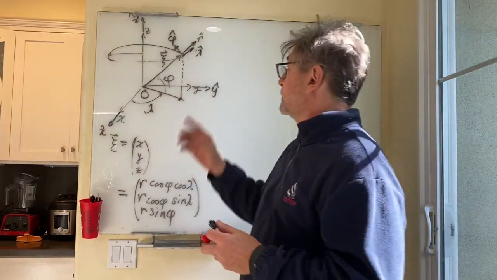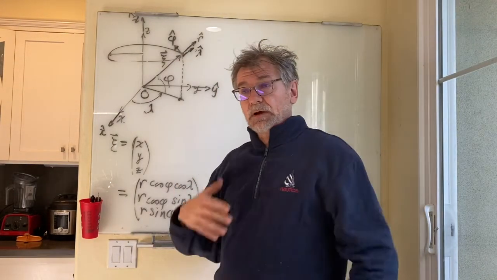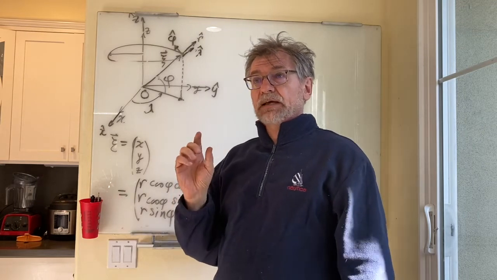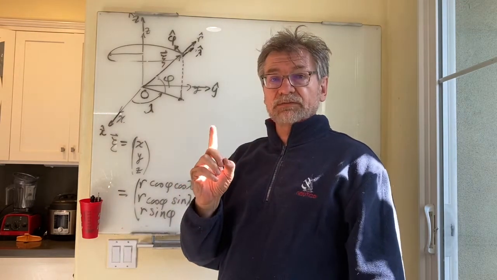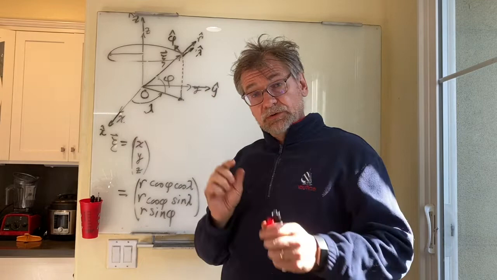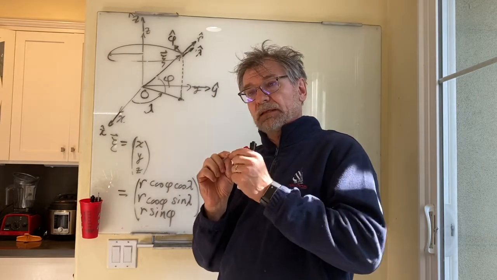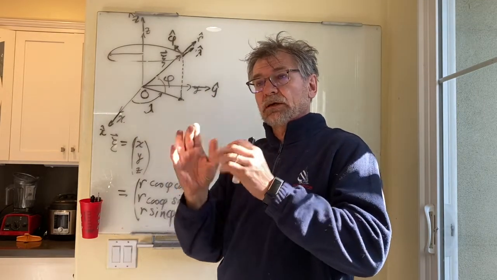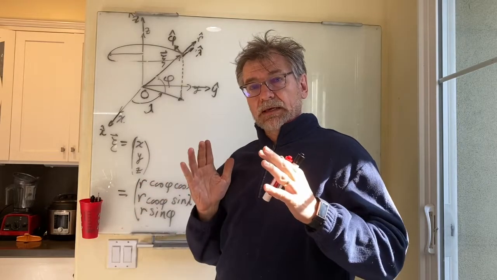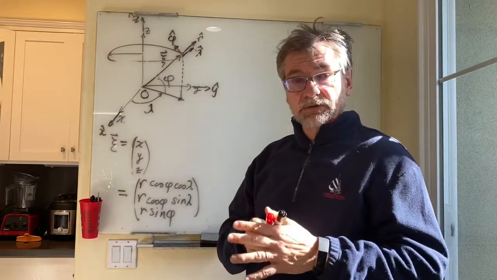The way we define the unit vectors in an arbitrary coordinate system is we imagine holding all but one of the coordinates fixed, and then we take the derivative. So we find out what happens if we increment one coordinate by a small amount, holding the other ones fixed. And those will define our unit vectors.